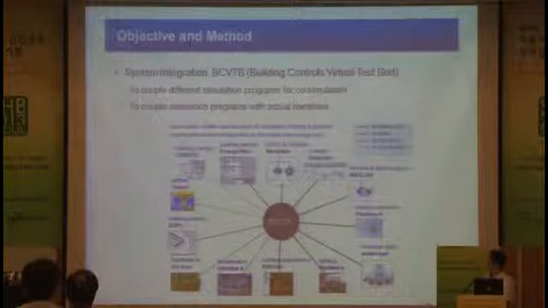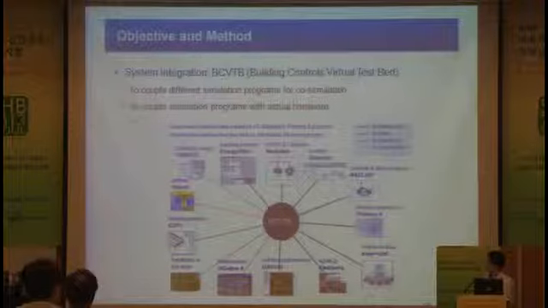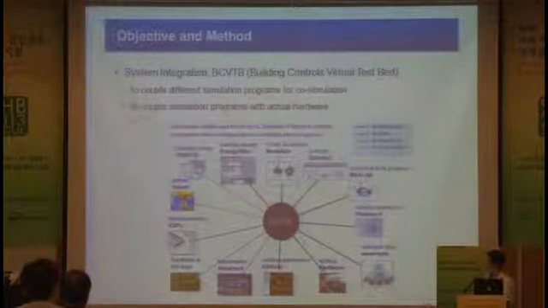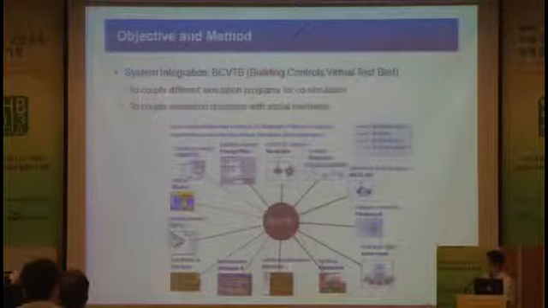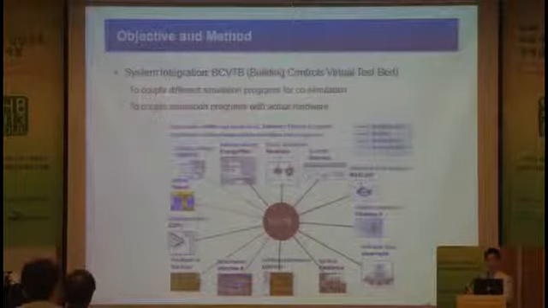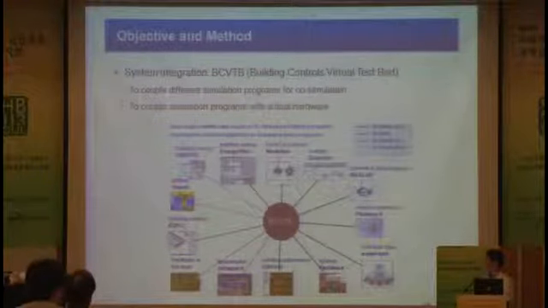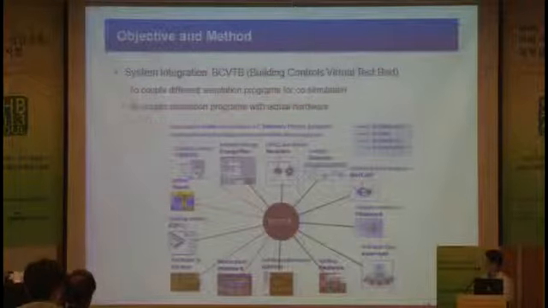So using this middleware, as you can see in this figure, we can connect EnergyPlus, Modelica, or Simulink, which are software, to BACnet. So if you have hardware which you can control with BACnet, you can actually connect the simulation program and hardware. You can also use other programs like Window or ESP-r, something like that.